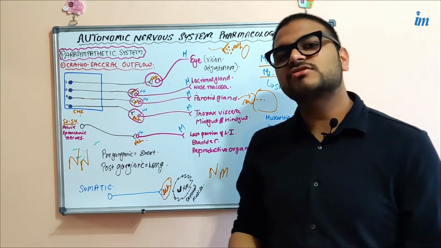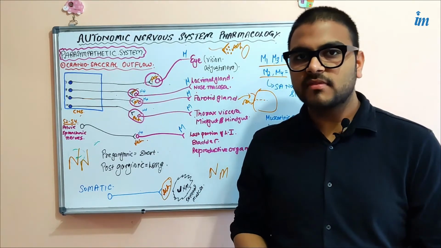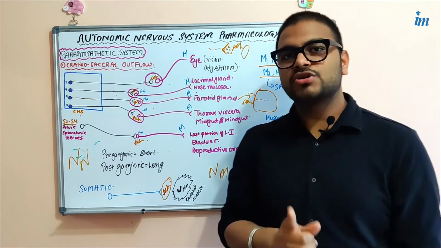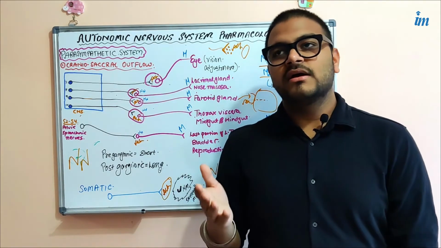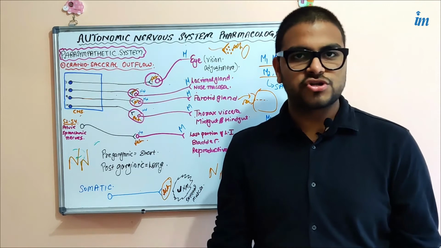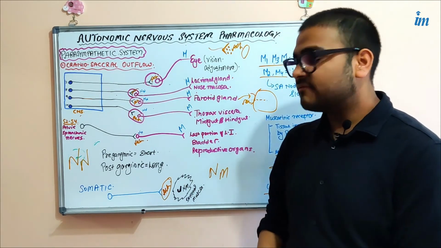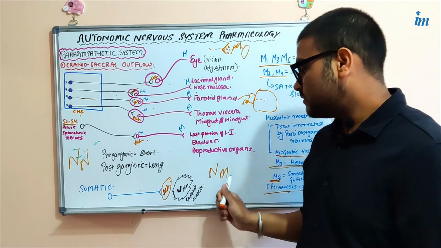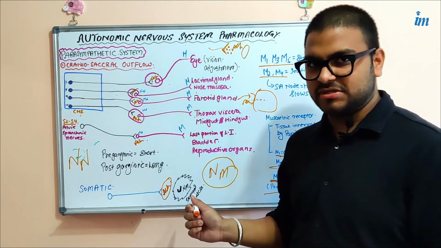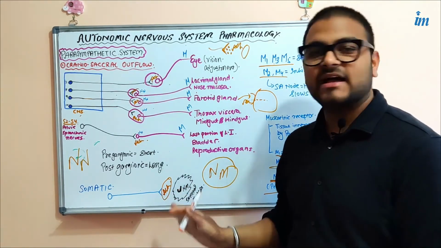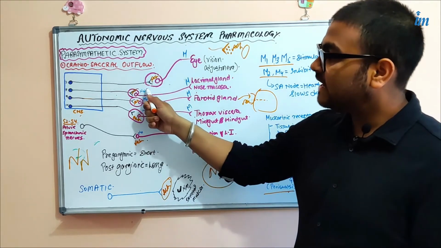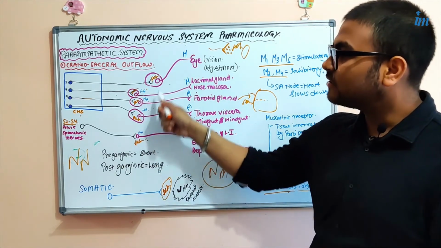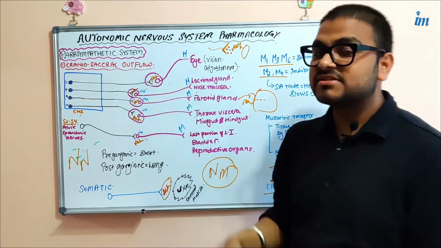What is the significance of knowing these receptors? For example, I want to give you some muscle relaxants. You have some surgery and I want your muscle to be relaxed, so I should give a drug that blocks NM type of nicotinic receptors for the relaxation of your muscles, but that drug should not affect NN type of nicotinic receptors that are present in the ganglion.